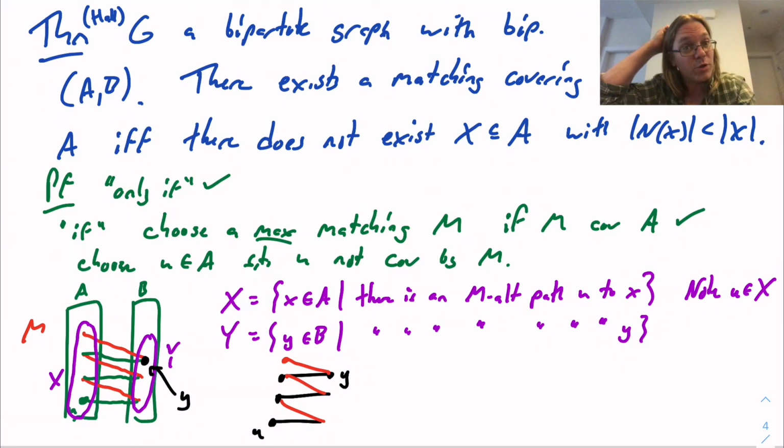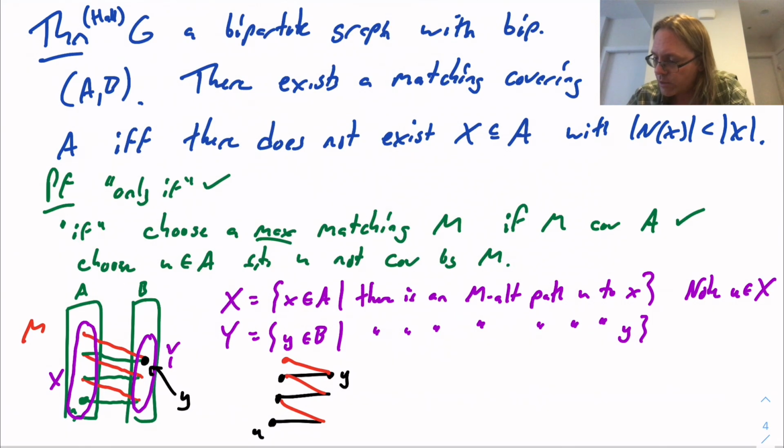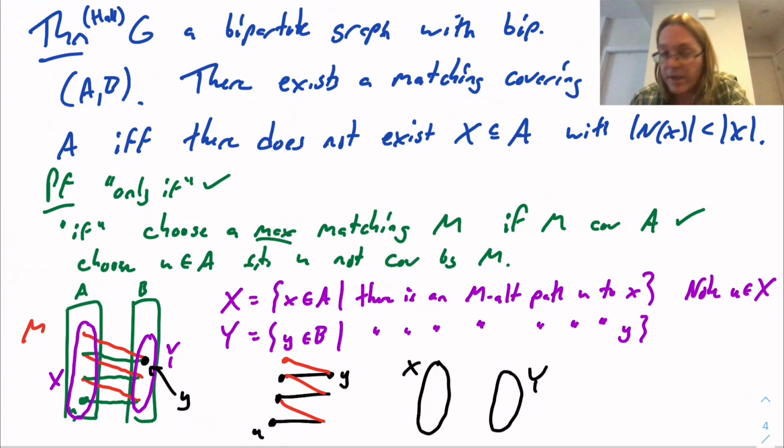So in other words, what we've just observed, sorry, space is so limited here, and I want to keep these definitions up. So let me try to just say what we've observed here. We've defined this set X, all the vertices you can reach from U by way of an alternating path, an M alternating path.